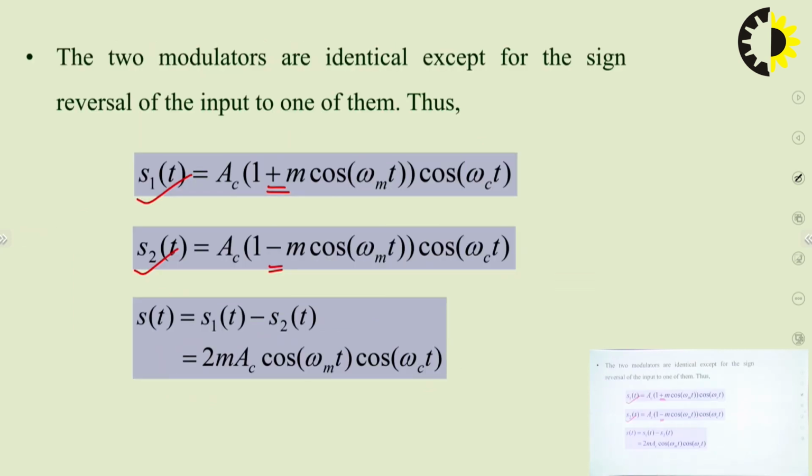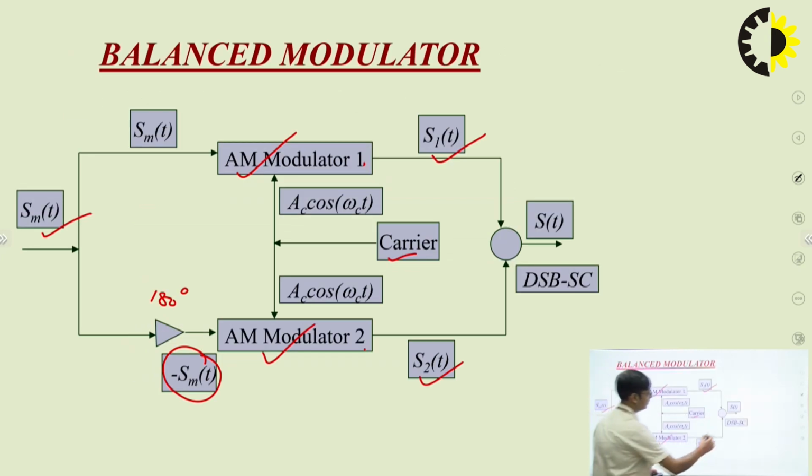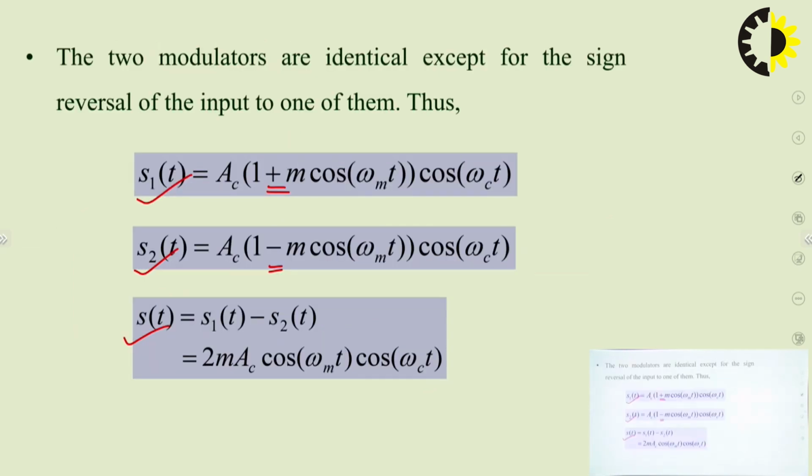Now we obtain the final double sideband suppressed carrier signal, denoted by s(t), by subtracting s2(t) from s1(t). If we do s1(t) minus s2(t), we obtain the double sideband suppressed carrier signal.